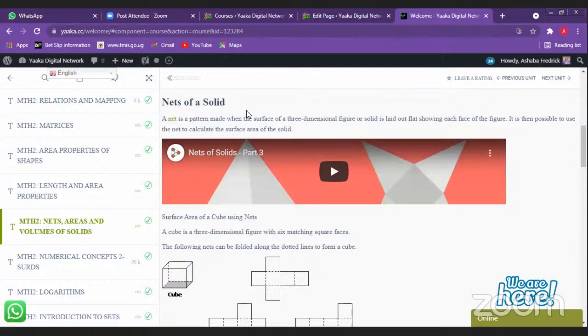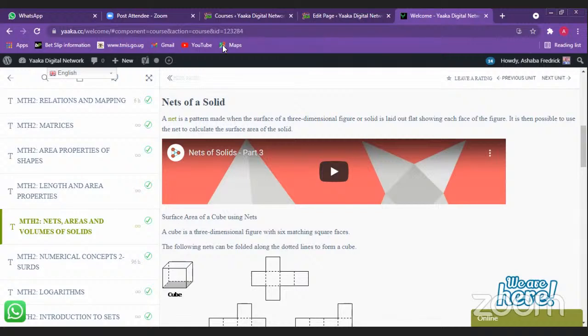So you can read this statement here, net of the solid. I read. Yes. Okay. A net is a pattern made when the surface of a three-dimensional figure or solid is laid out flat, showing each face of the figure.